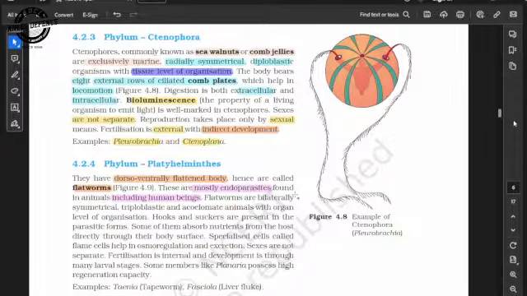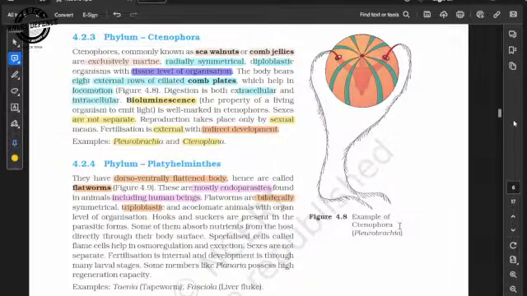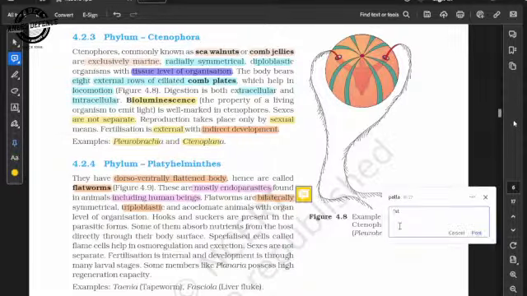Symmetry is bilateral. They are triploblastic, meaning they have three germinal layers. This is the first phylum in which you can see bilateral symmetry. So please mention here: first phylum with bilateral symmetry.